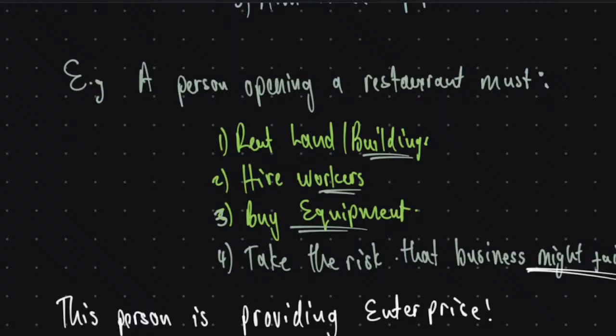You can have cattle and start to sell leather. You can have machinery and you can rent it out. You can own these factors. So you can own and choose one factor of production.